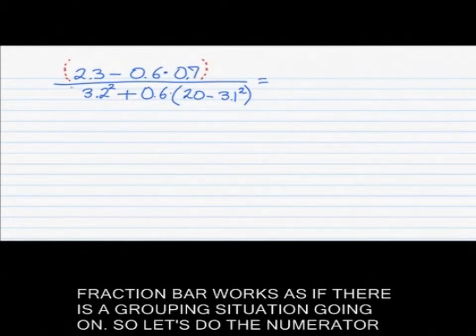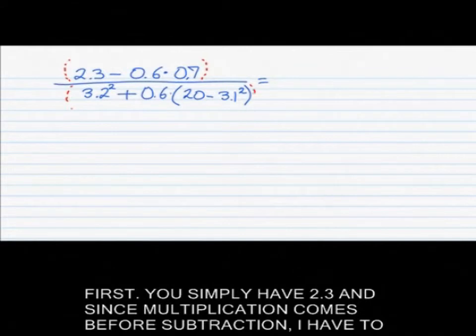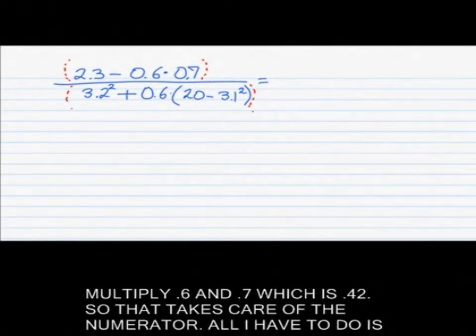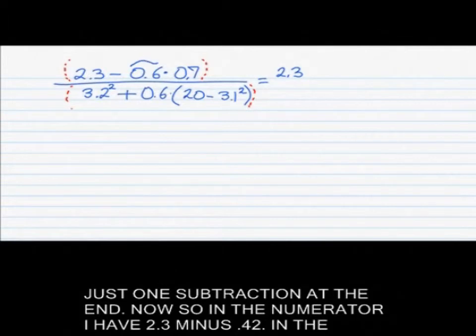So let's do the numerator first. You simply have 2.3, and since multiplication comes before subtraction, I have to multiply 0.6 and 0.7, which is 0.42. So that takes care of the numerator. All I have to do is just one subtraction at the end. So in the numerator I have 2.3 minus 0.42.